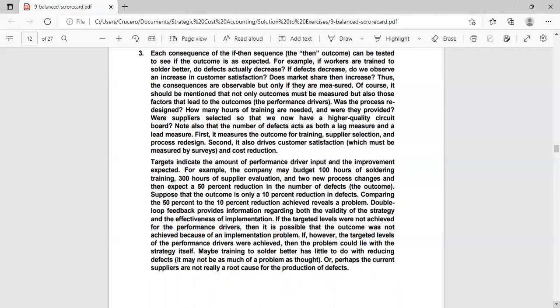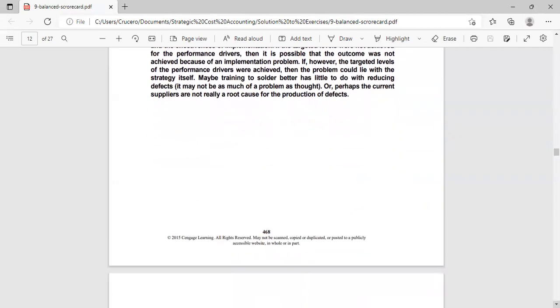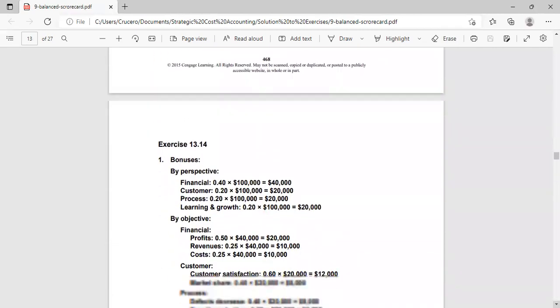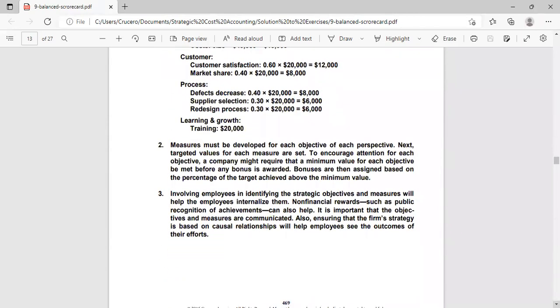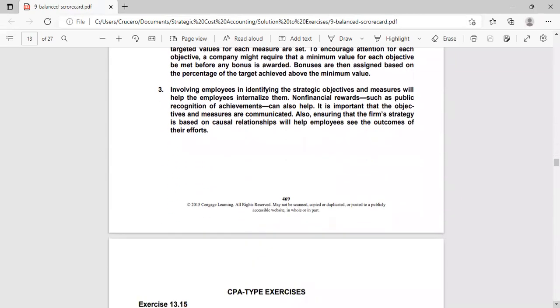So we have now, it may not be as much of a problem as thought, or perhaps the current suppliers are not really a root cause for the production of defects. Now we have problem 14 with three requirements.